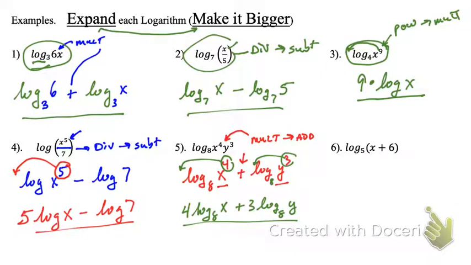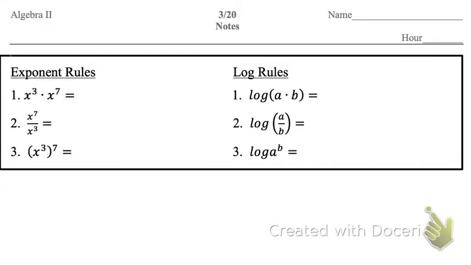Now you got to be careful of your rules. Let's go back real quick. Notice in our rules we did not have any subtraction problems over here. That's a multiplication, that's a division, and this is a power. We don't have any subtraction rules: multiplication, division, and a power.